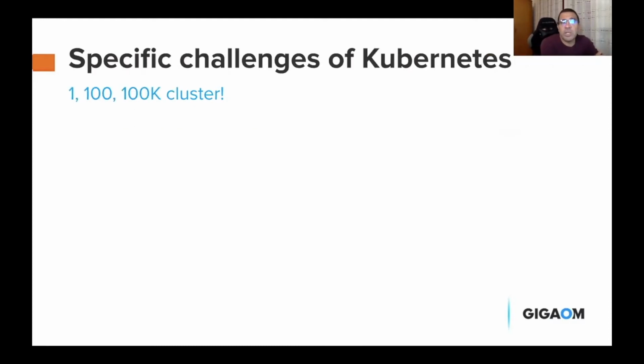Let's start with talking about the challenges of Kubernetes. The first challenge is the fact that Kubernetes is a complex tool, and there are several ways to deploy it. The first trend that is common practically everywhere is that you can decide if you want to have a single cluster with multiple applications that are deployed into it.